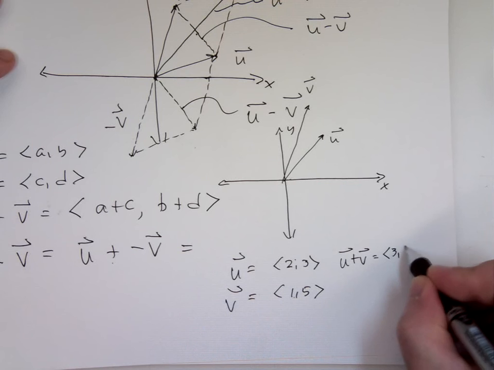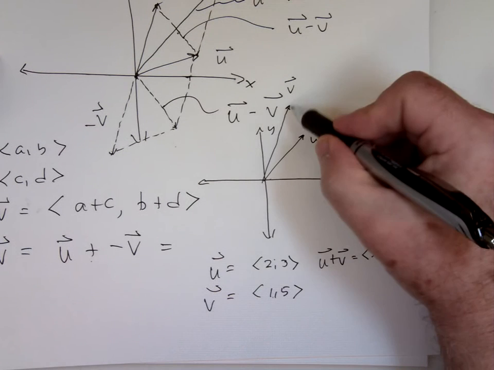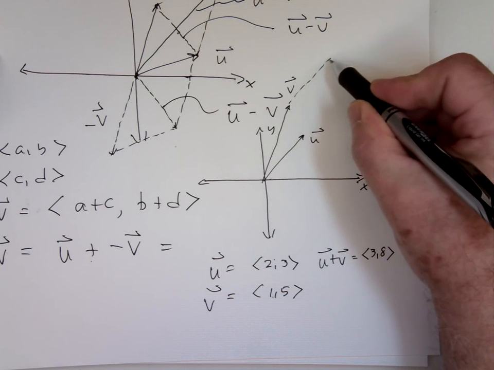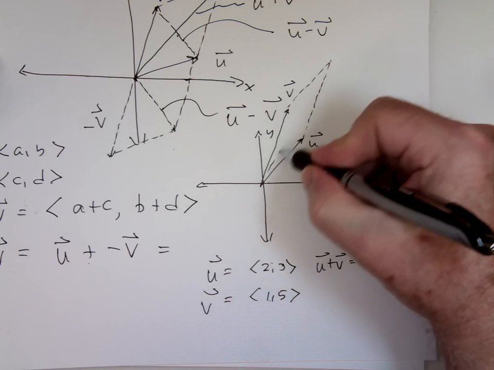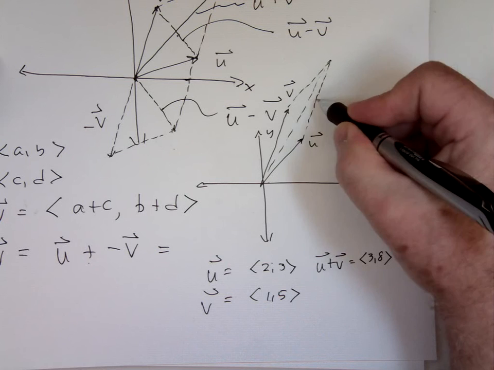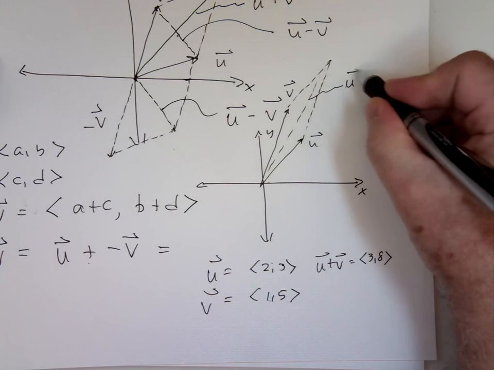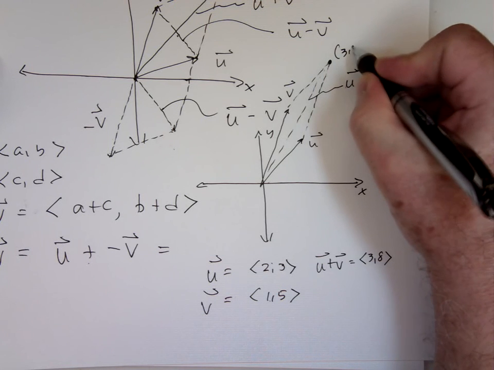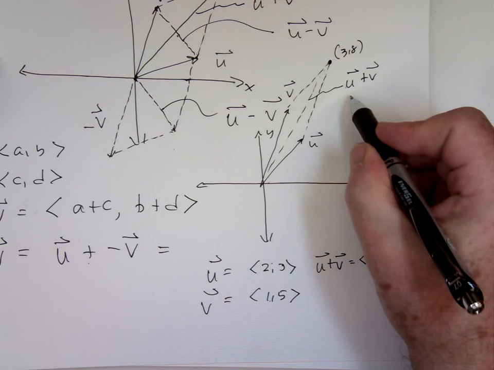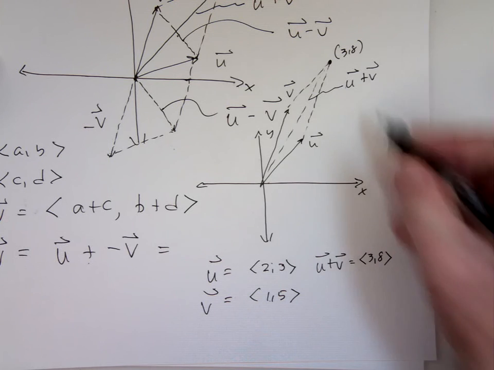If you complete this parallelogram, the sum, U plus V, is going to end up at 3, 8. This point right here is 3, 8. That vector, that is the sum, is the vector 3, 8.